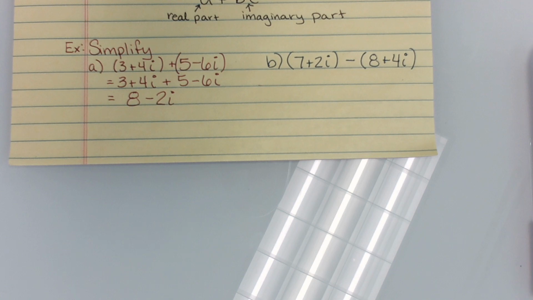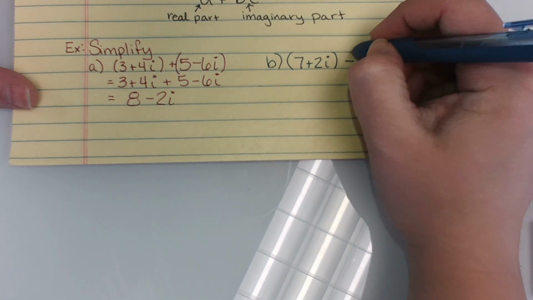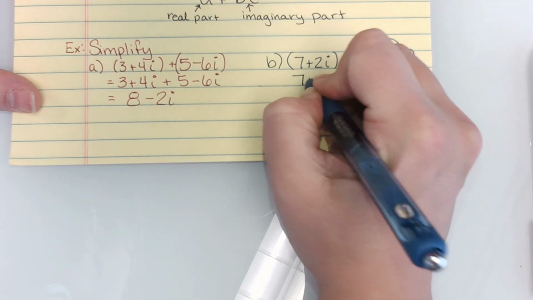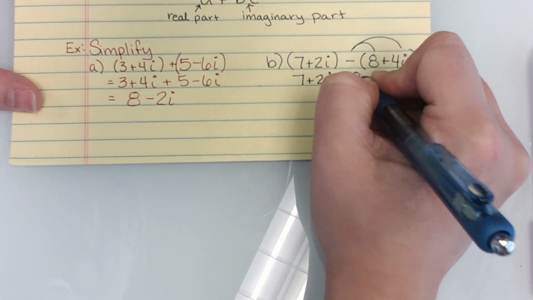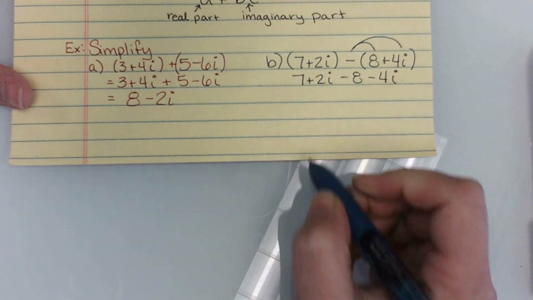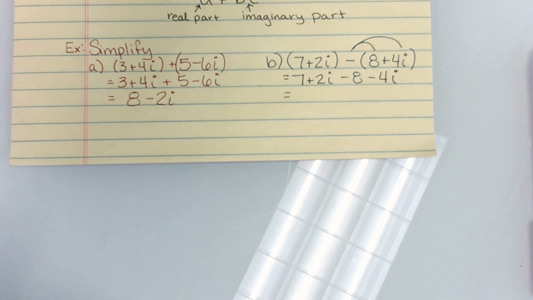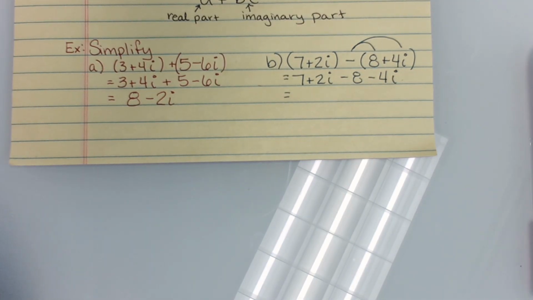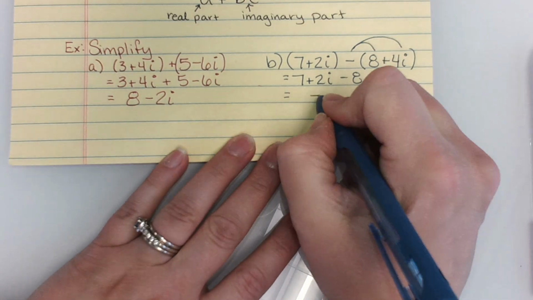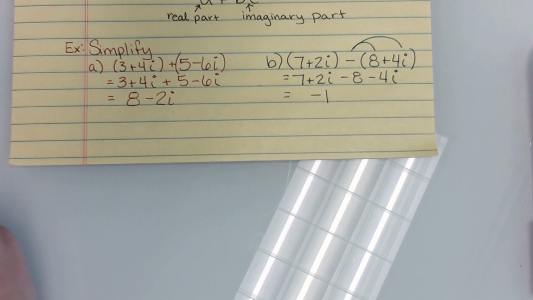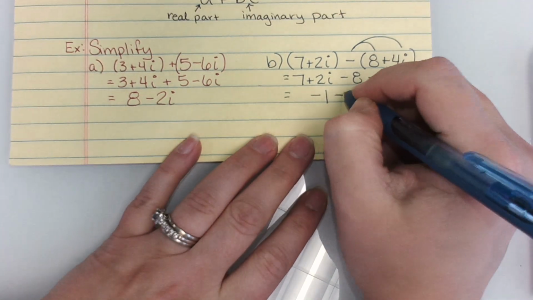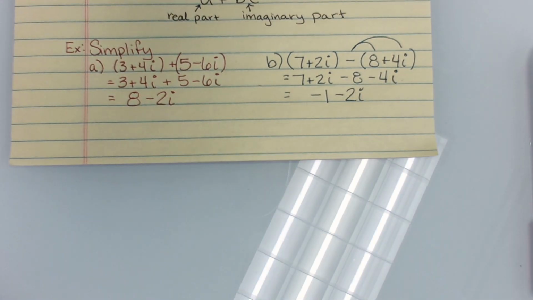Do that with complex too. 7 plus 2i minus 8 minus 4i. Any thoughts on what we do next? Combine like terms. 7 minus 8? 2i minus 4i?